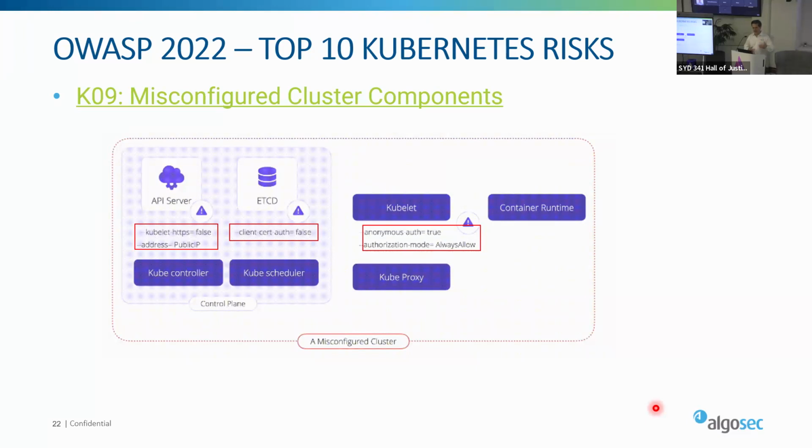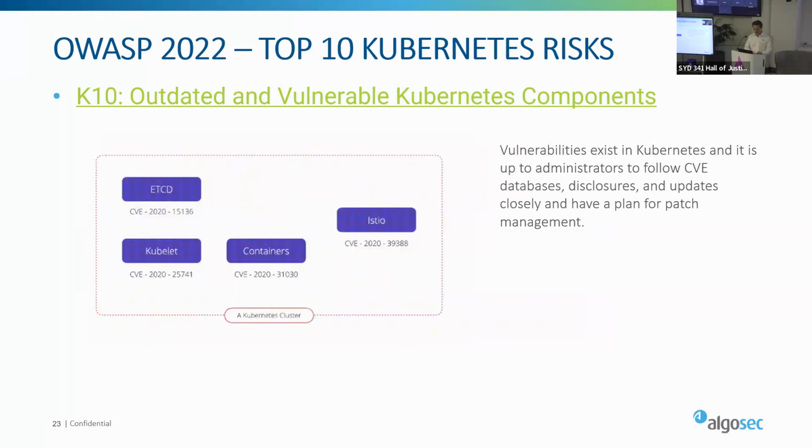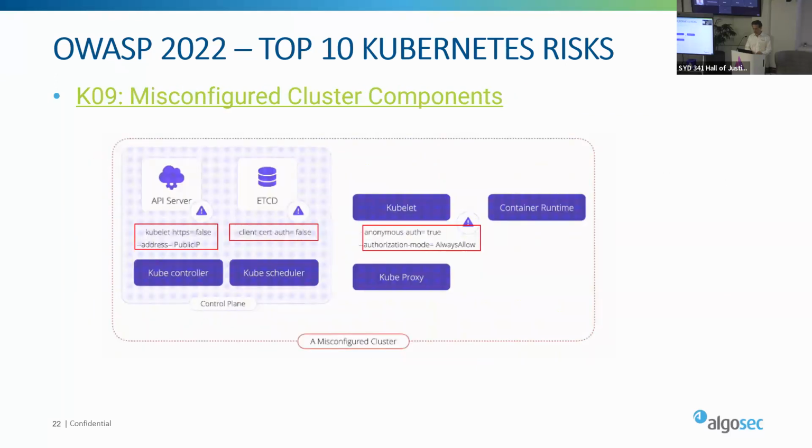It lists for each and every component of Kubernetes its appropriate configuration risks, and there are quite a lot of solutions that are supposed to help you with configuration scanning.